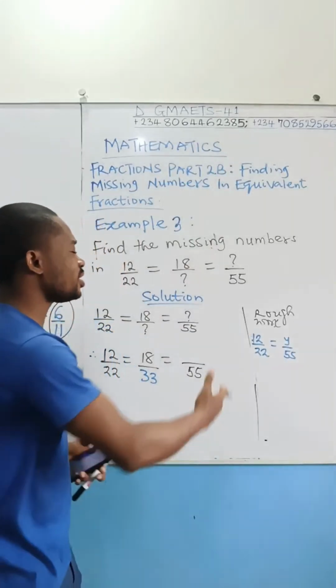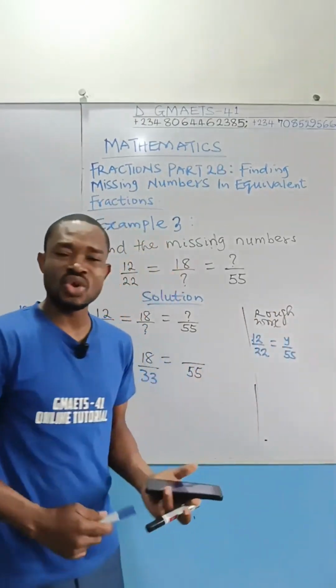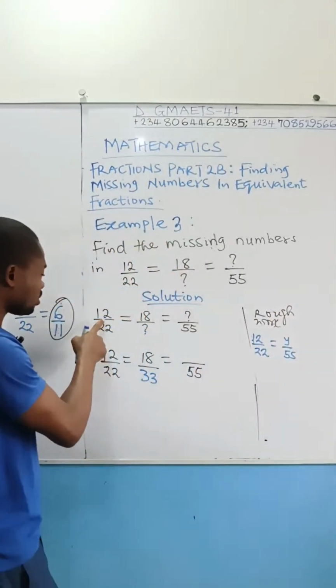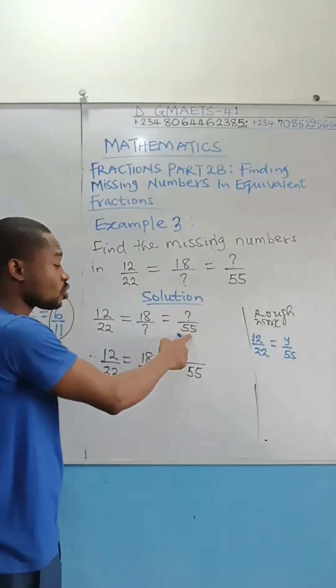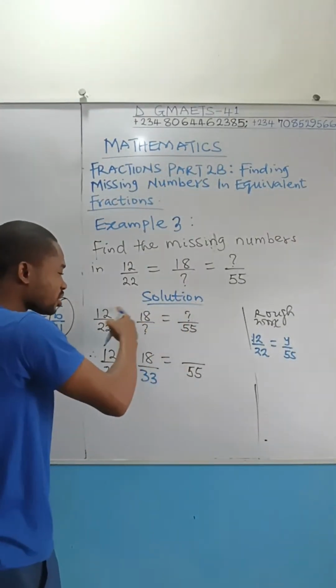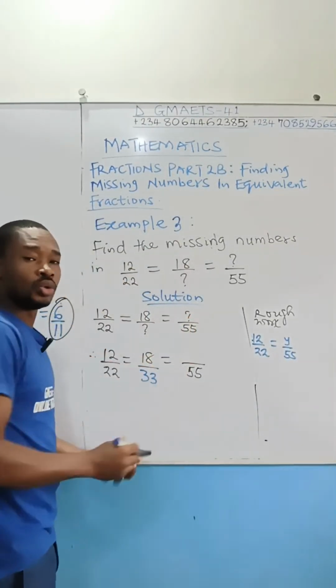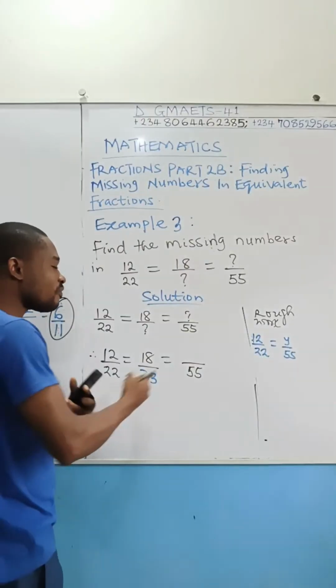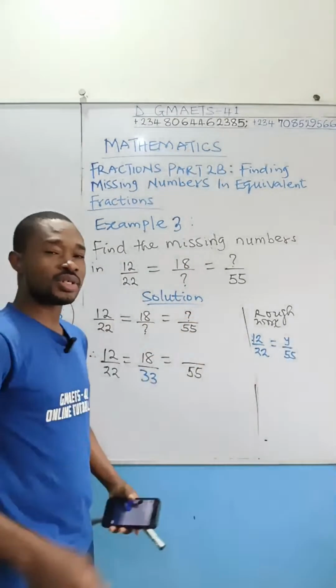So if you are using this method to solve this question, you mustn't punish yourself showing everything. Once you have this, 12 over 22 equal to question mark, you use an unknown for it, over 55. Cross multiply, have it in your brain. This 22 will multiply the unknown. So the 22 becomes the coefficient of the unknown, which you are going to use to divide both sides.